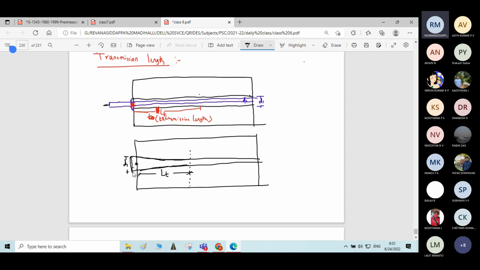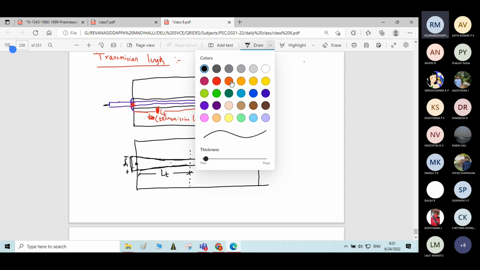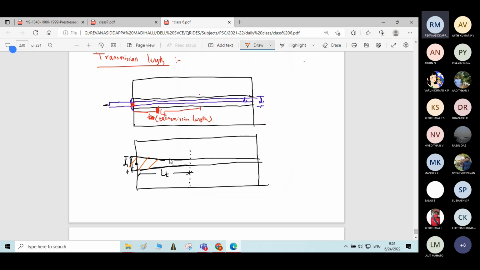With the length of the tendon, the longitudinal stresses go on increasing. As the longitudinal stresses increase, the diameter goes on decreasing, which results in a wedge shape over this length. This shape looks like a wedge shape, correct? So the tendon will get the wedge shape at this particular length.